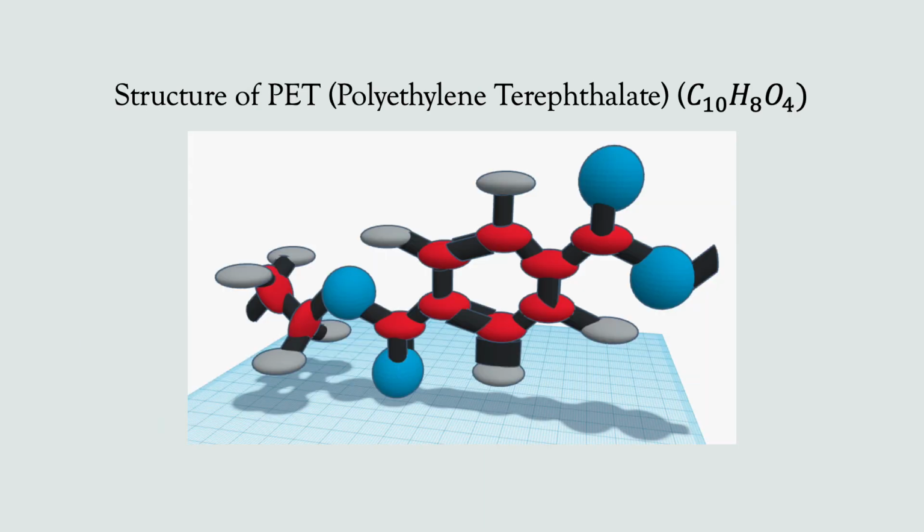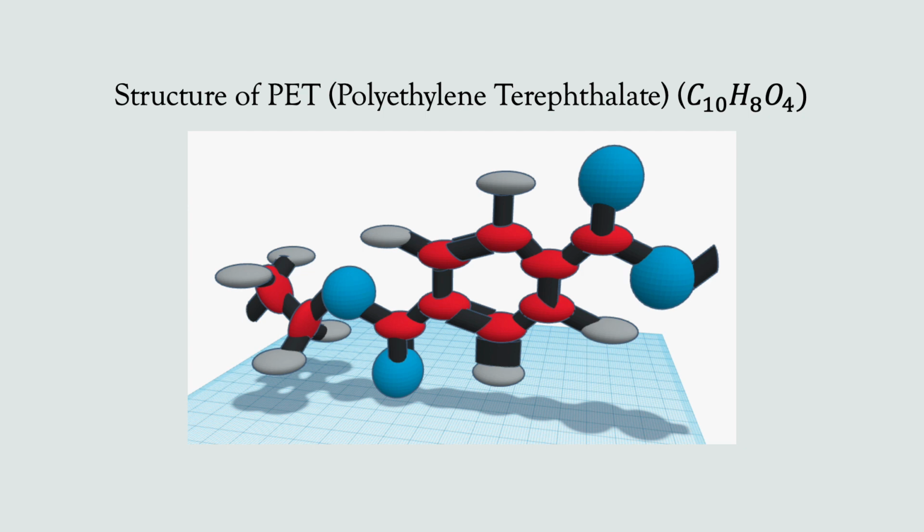And since the time is not letting us talk about all the 7 types of plastic, we're going to be talking about the most commonly used one, which is PET, or polyethylene terephthalate, which is made of 10 atoms of carbon, 8 atoms of hydrogen and 4 atoms of oxygen for each molecule of PET.